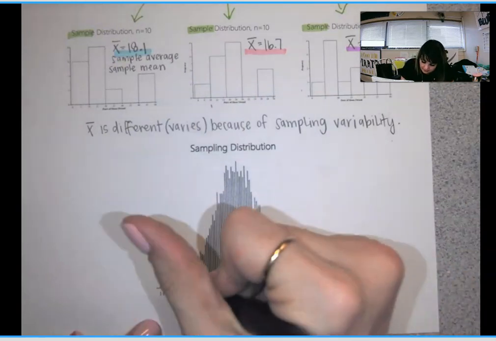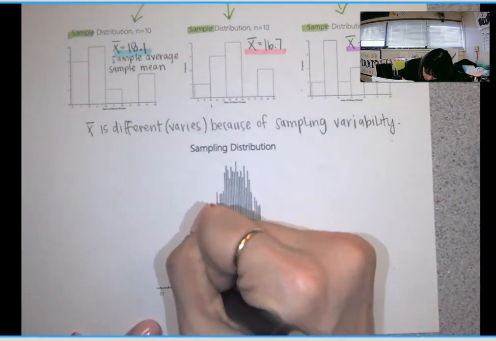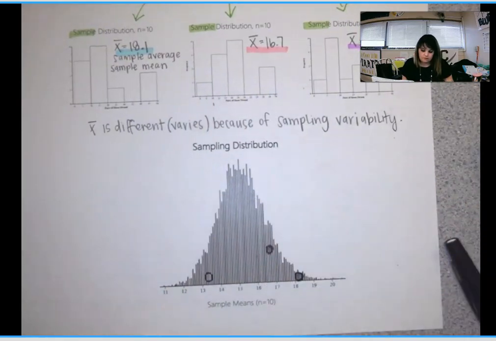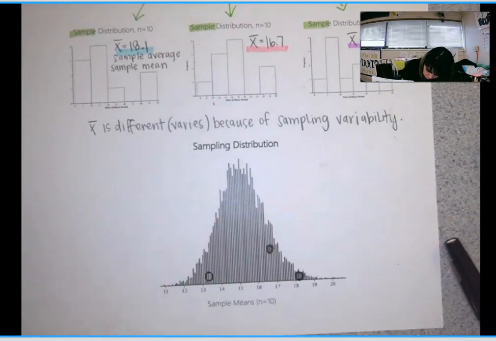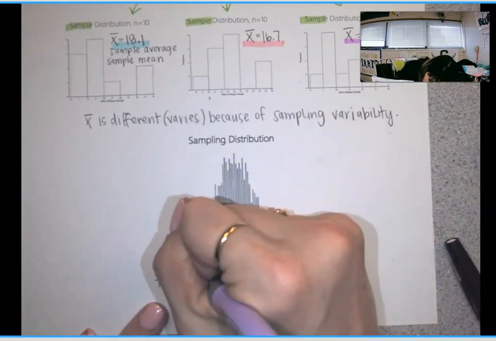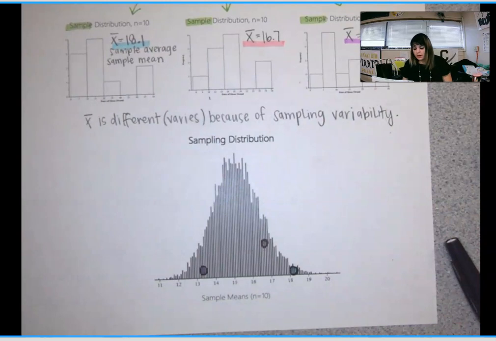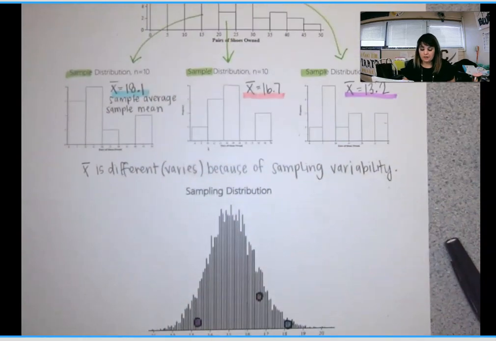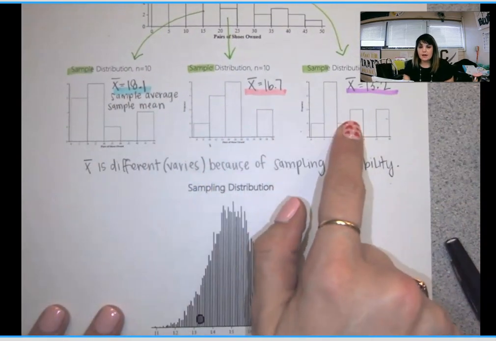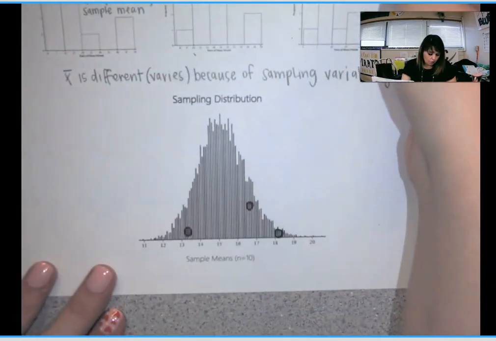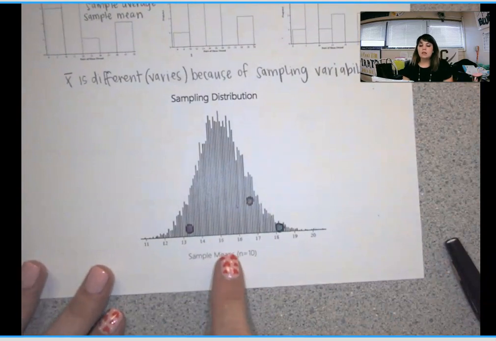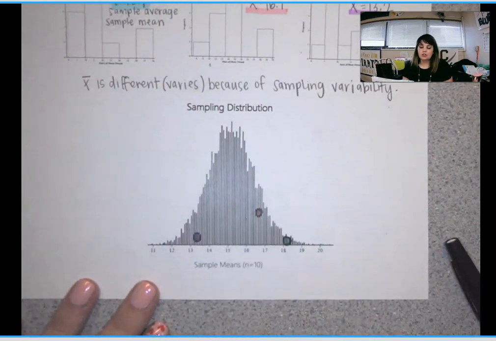And then lastly, my 13.2 would be somewhere around here. Oh, wrong color. So what I'm trying to illustrate here is that these three sample values that I got could then be placed on the sampling distribution.